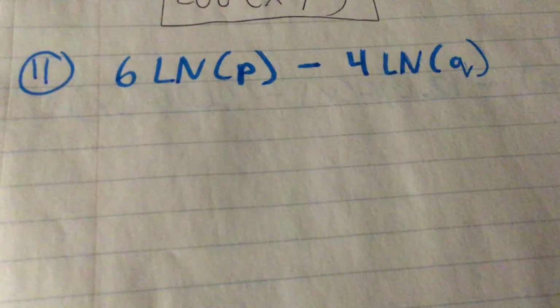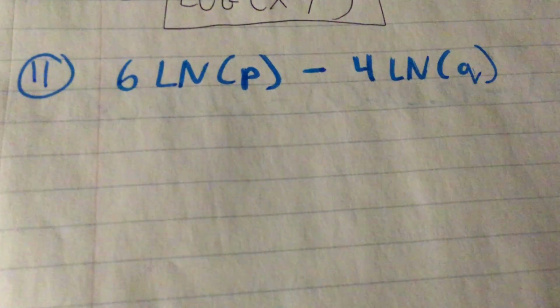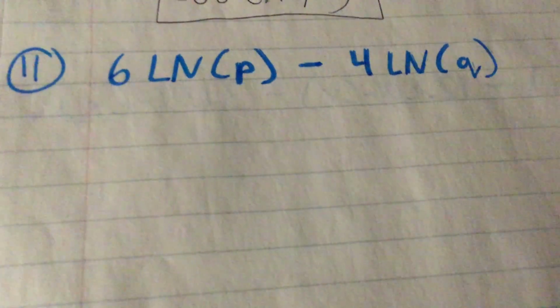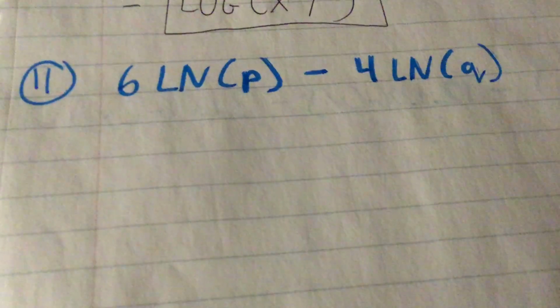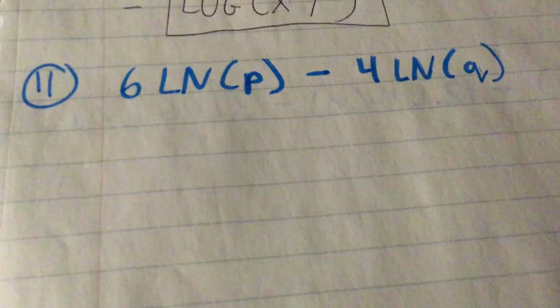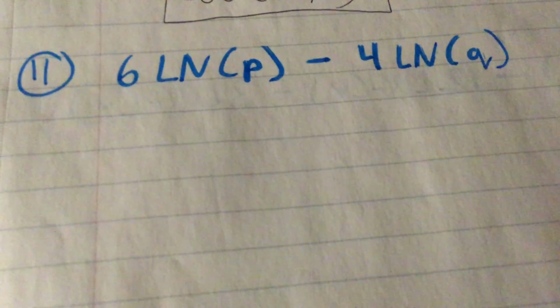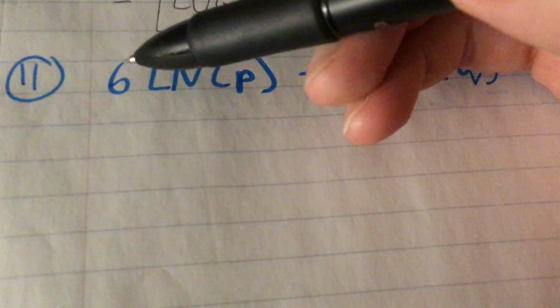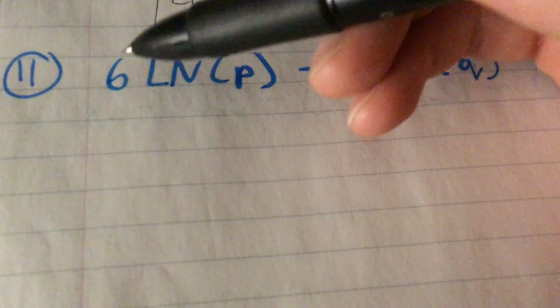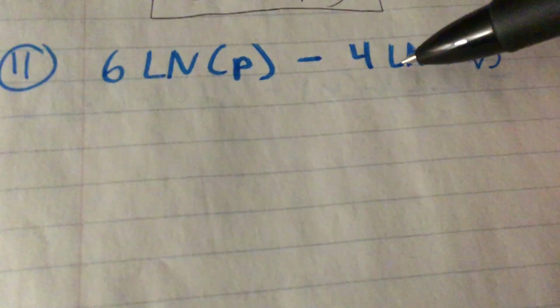6 times the natural log of p minus 4 times the natural log of q. So 6 ln of p minus 4 ln of q. On the first step, what do you think I should do? I'm going to get the factor from the outside and put it as an exponent on the inside.